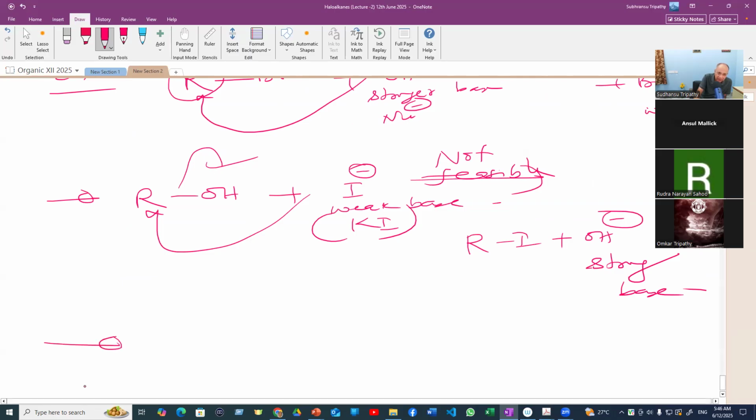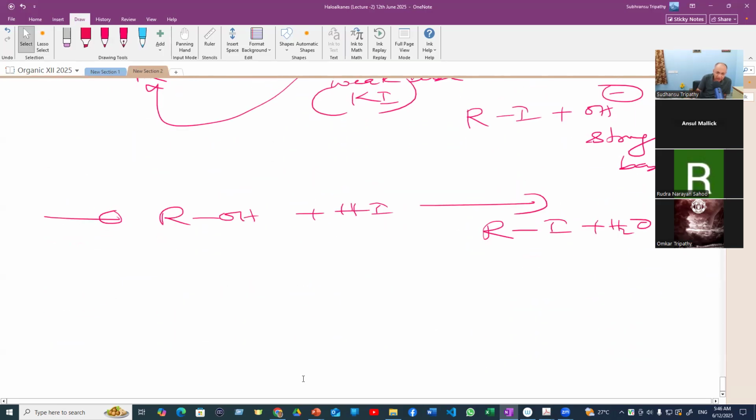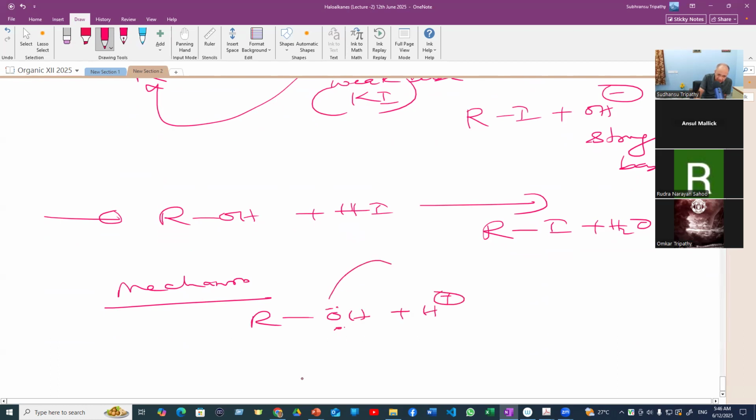But what happens during the addition of HI? That happens, we have seen, because in the mechanism the first step is the protonation, to give you protonated alcohol.